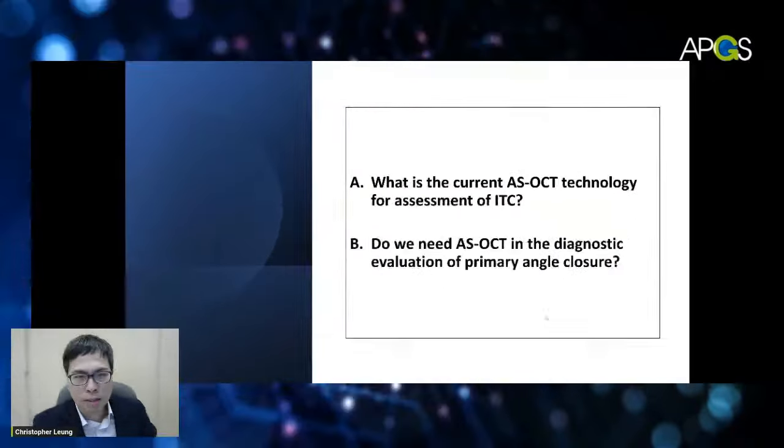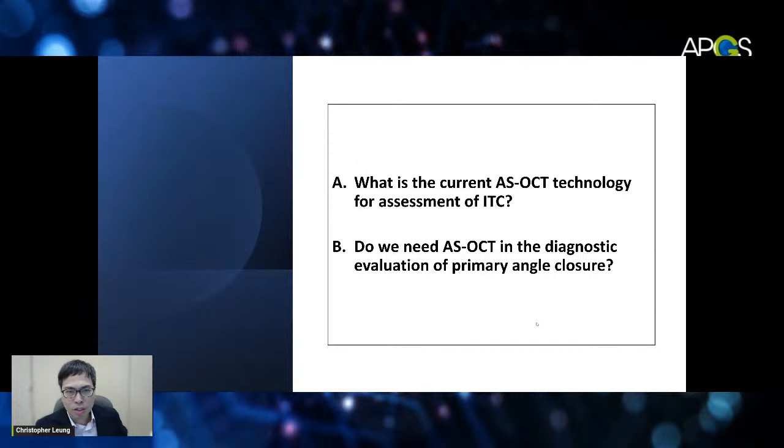The two questions that I would like to address this afternoon are: what is the current OCT technology for assessment of iris trabecular contact? And second, what is the role of anterior segment OCT in the diagnostic evaluation of primary angle closure? Those of you who have a smartphone with you, please take it out, as I have some polling questions for you.